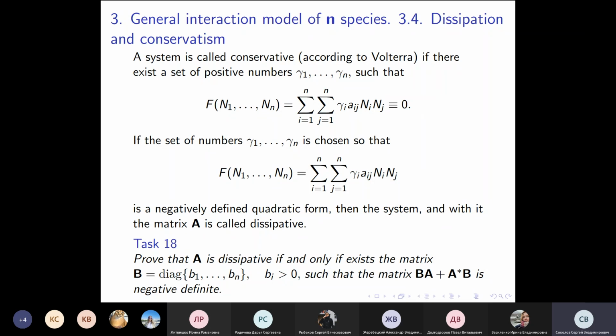We can just consider a 2 by 2 matrix, or maybe something more simple. Can you give me an example of this system? So what A_ij must we pick to ensure that the system is conservative? There are two very simple models with the conservative system.